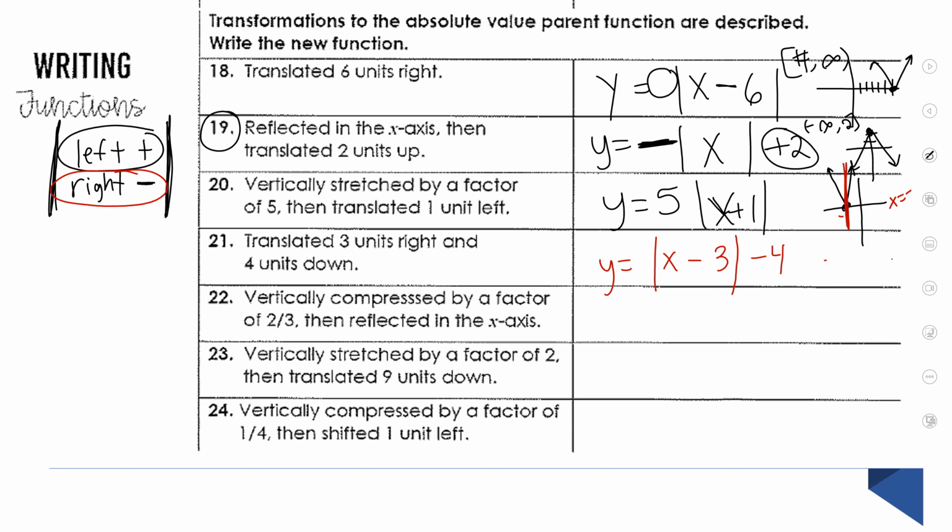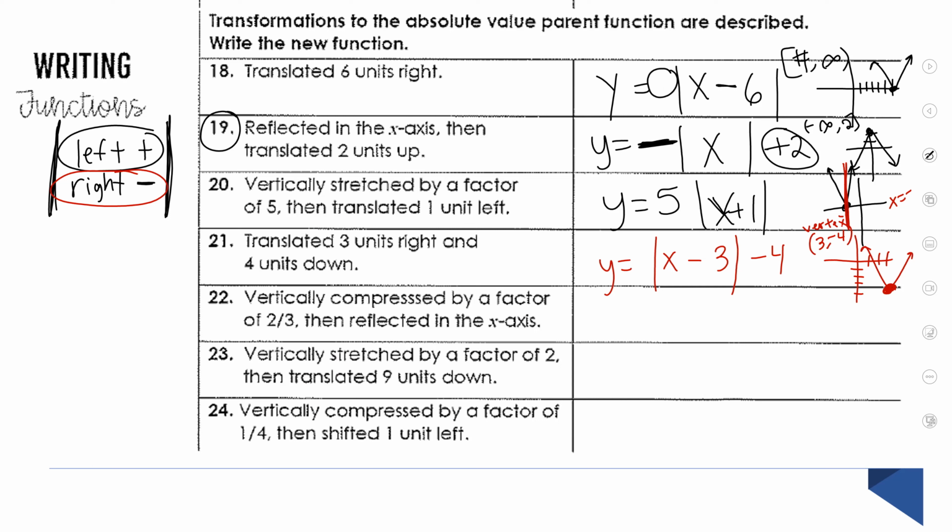So if I were to graph this, it went to the right 3 and it went down 4. 1, 2, 3, 4. So guys, where is my new vertex? Yep, the vertex is at 3, negative 4. That's where my vertex is.